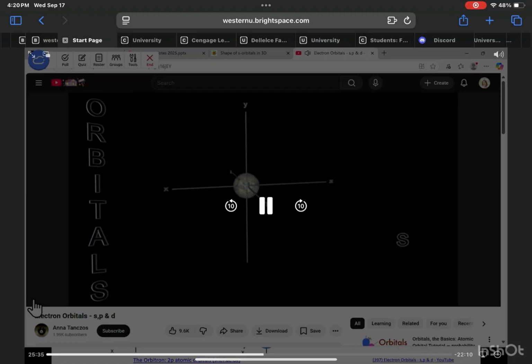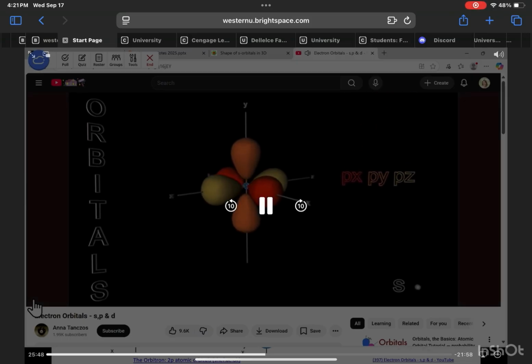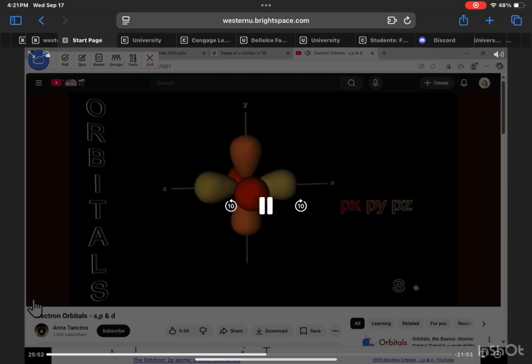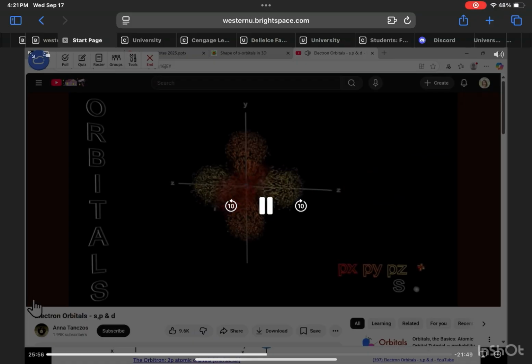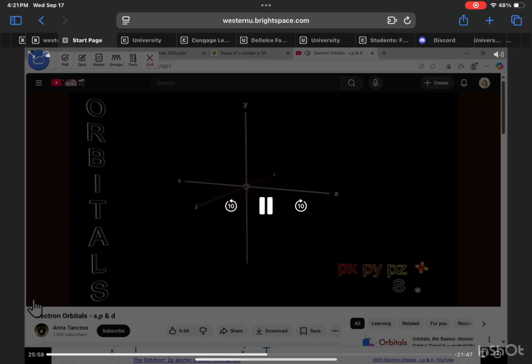Orbitals. So here is our s orbital, our sphere. Then we have our px along the x-axis, py along the y-axis, pz directly along the z-axis. Then along the z plane, that's the first D option.